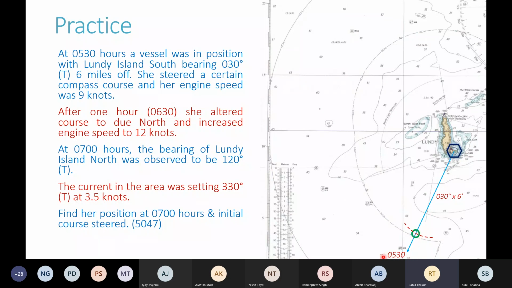You can see the time which is marked. It is the 0530 position. The bearing and range is also marked here, 030 at 6 miles off.